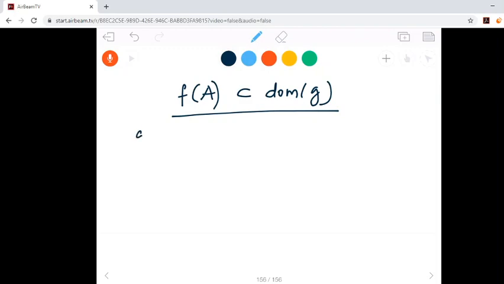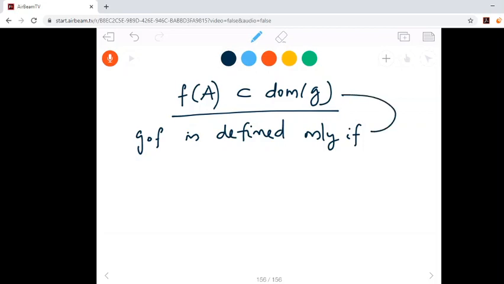So g composite f is defined only if this condition is satisfied. That means range of f is contained in domain of g. Otherwise, g composite f is not defined.